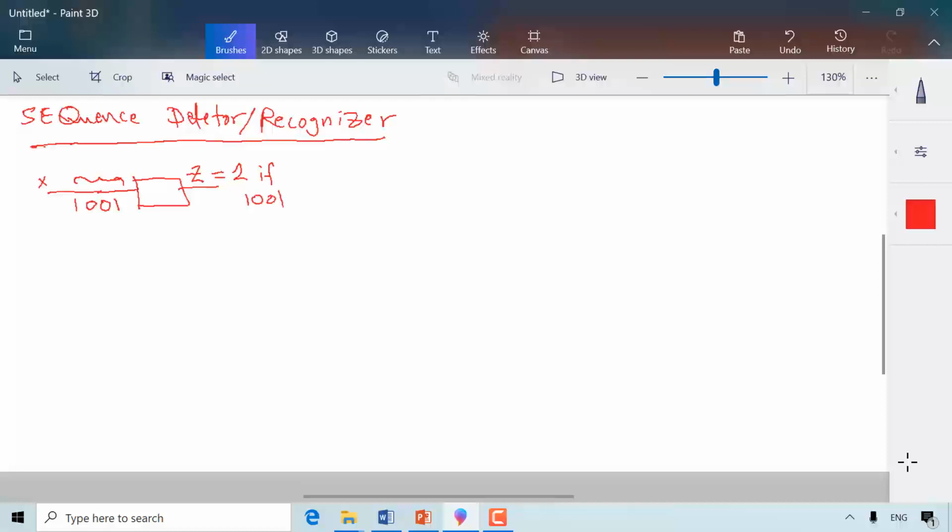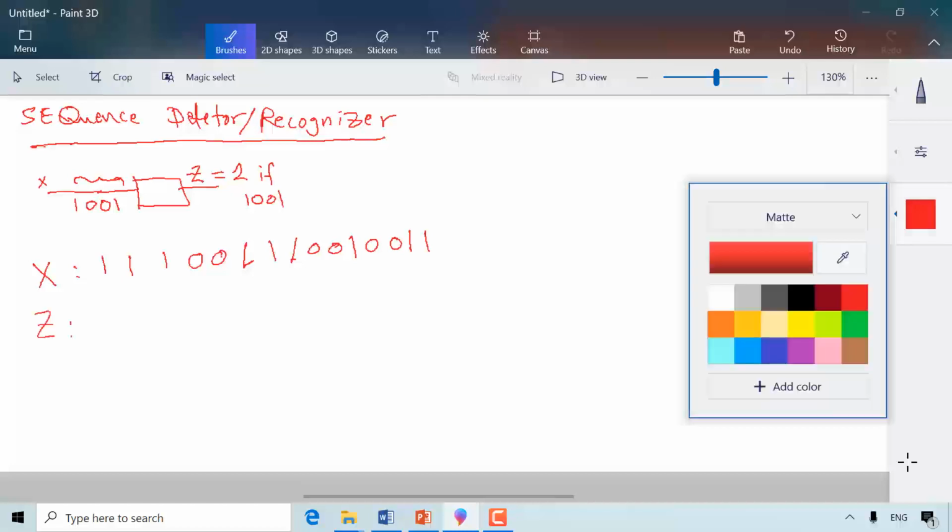So for example, let's assume X transmits the following bits: 1, 1, 1, 0, 0, 1, 1, 1, 0, 0, 1, 0, 0, 1, 1, etc. Now the output Z will come in here.